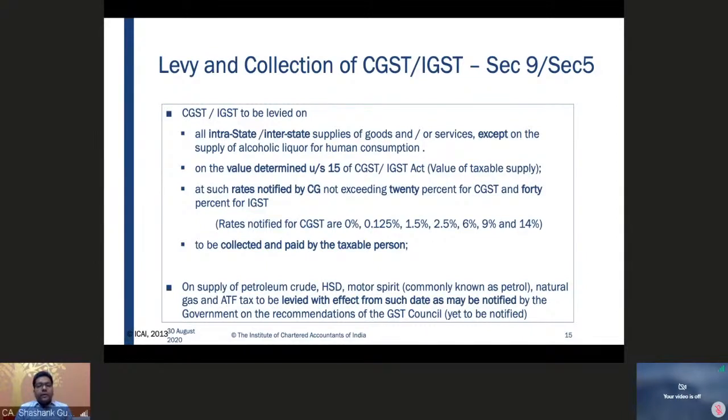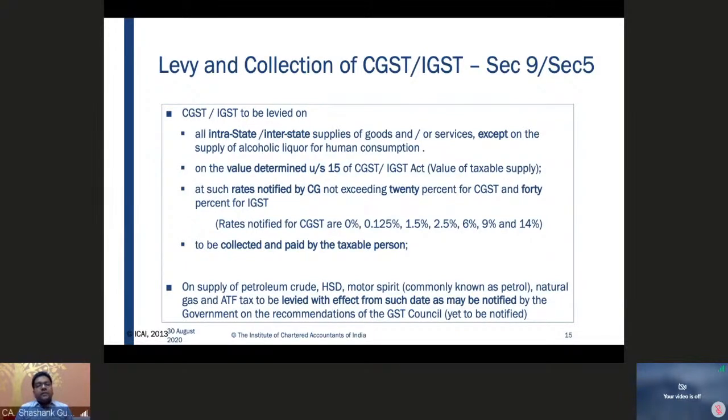On the value determined under Section 15 of the CGST Act. So basically, Section 15 of the CGST Act is another specific section which talks about valuation, and that is where we'll discuss the concept of transaction value.